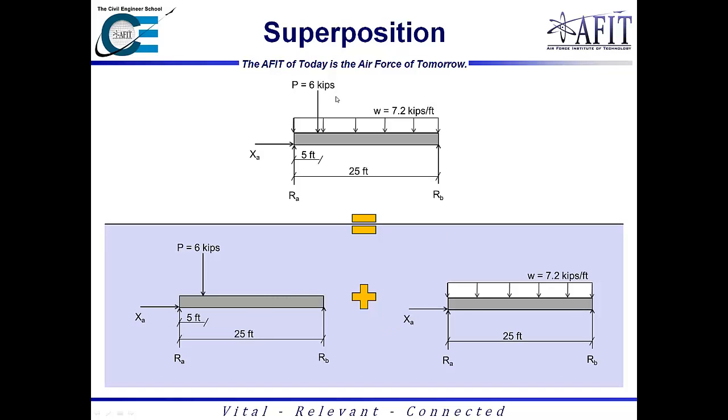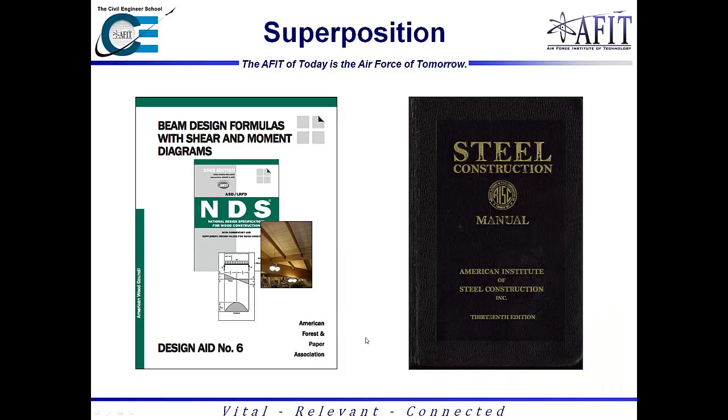I'll take the 6 kips on one beam, and then I'll take the distributed load and put that on another beam. In the end, I could take the reaction from the point load and the reaction from the distributed load, add them together, and I'll get the same answer, as well as R sub B and X sub A. And so these are the two references I mentioned earlier.